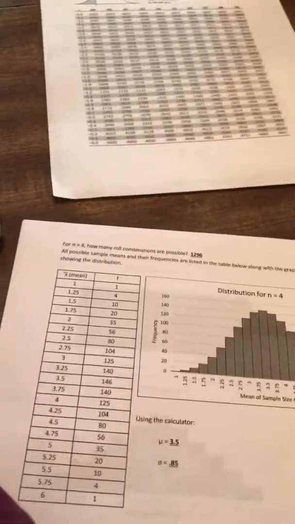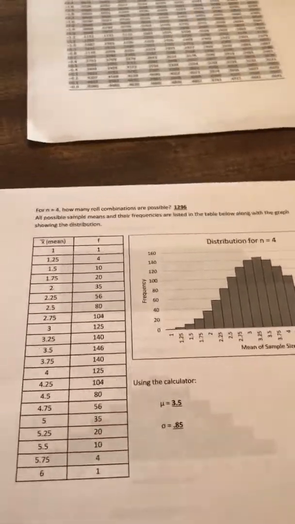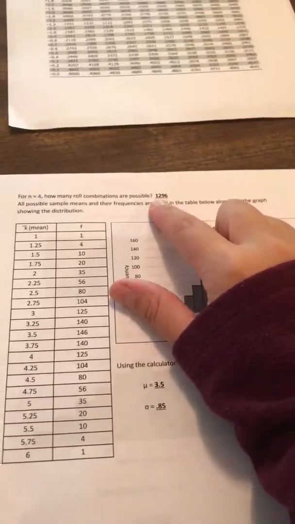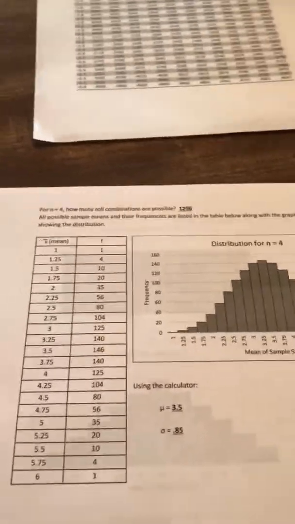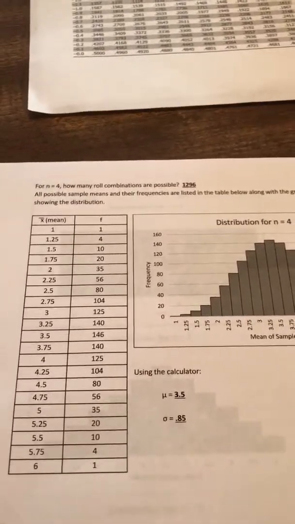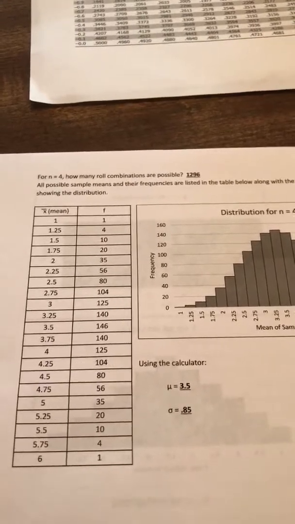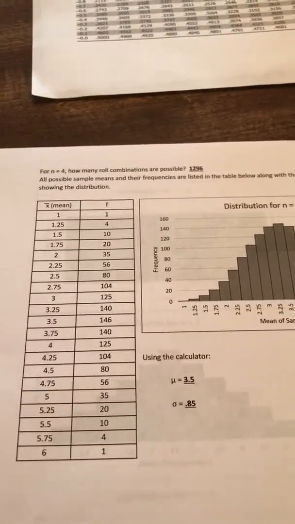Yes. So the fourth on here, which I don't have on the slideshow, but if you want to roll 4 dice, how many roll combinations are possible? 1,296 would be possible, and you would have to list all those. It would take you a really long time to list that many, but you could if you wanted to, so I've already done it.